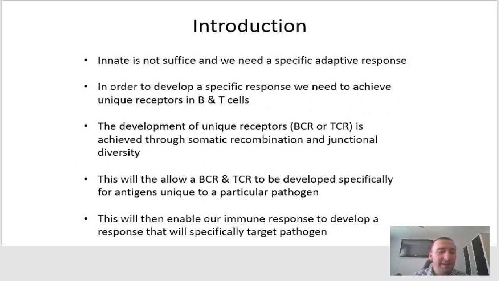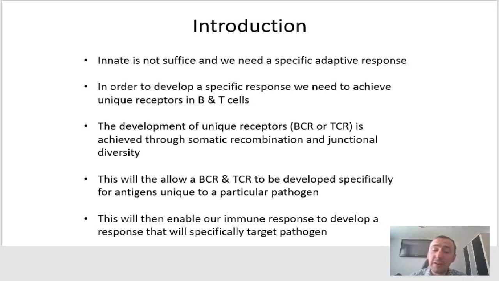So the general concept here is that when we get infected with a pathogen, the innate response will do a very quick and efficient job, but in many cases it's not sufficient to deal with the pathogen. So whilst the innate response has a really important role, it needs help from the adaptive response. The general innate response needs another specific response to help it in its response to the pathogen.